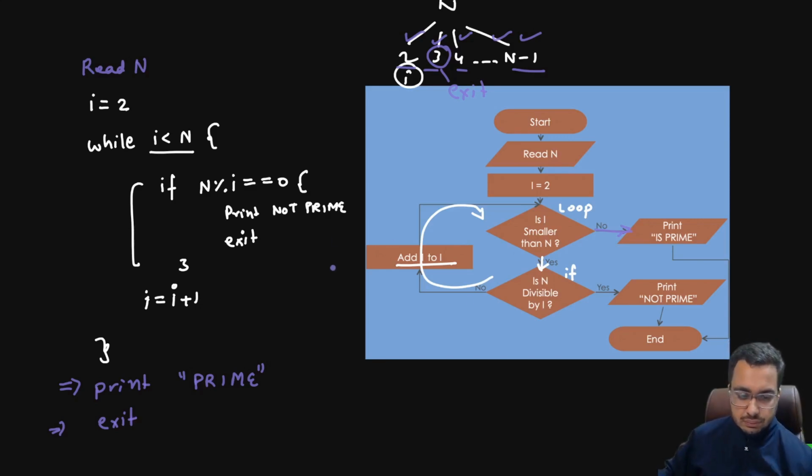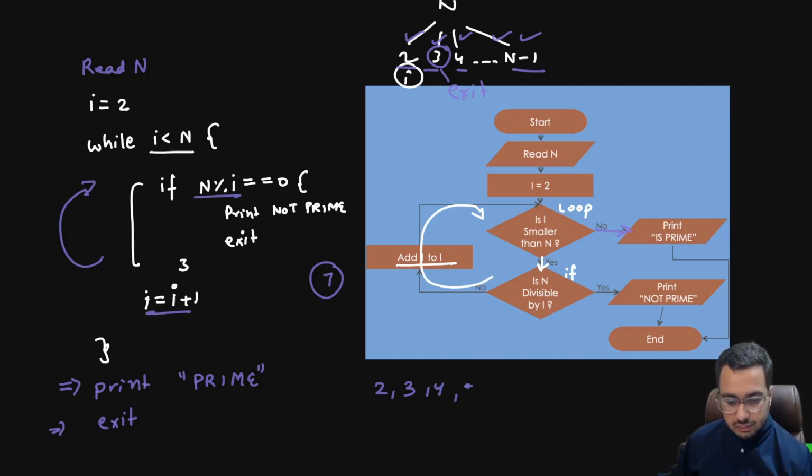Now let us dry run this for an example. Let's say 7. You start from 2, which does not divide 7, so you make it 3. 3 is less than 7, 3 does not divide 7, you make it 4. 4 is less than 7, 4 does not divide 7, you make it 5. 5 does not divide 7, you make it 6. 6 is less than 7, but 6 does not divide 7, so you make it 7.